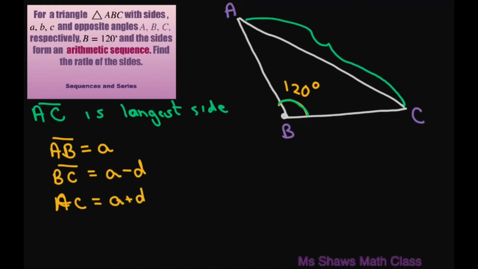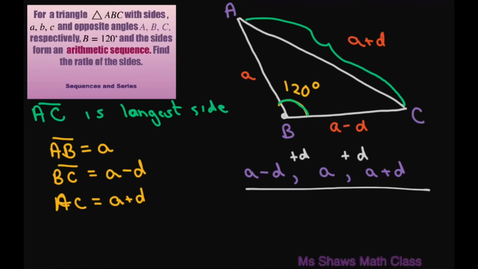So basically what we're doing is we're letting this be a minus d, and the longest side would be a plus d. And think about if you wrote out a sequence, your first term would be a minus d, then a, then a plus d, because with arithmetic sequences, you keep adding your common difference. So that makes sense.